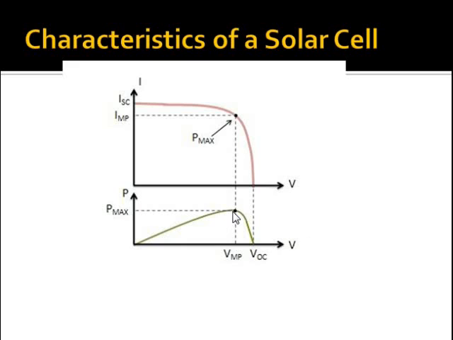That usually occurs at the bend section of this curve, and the line which joins the maximum power point gives IMP and VMP.